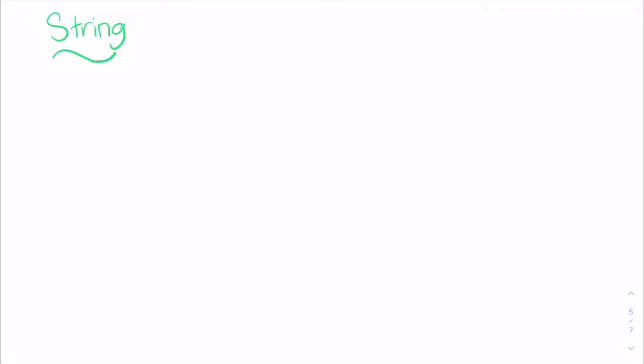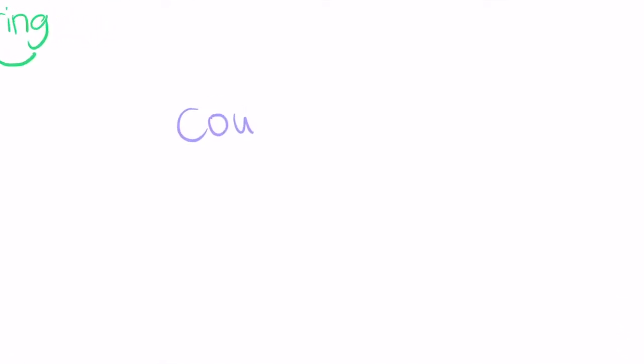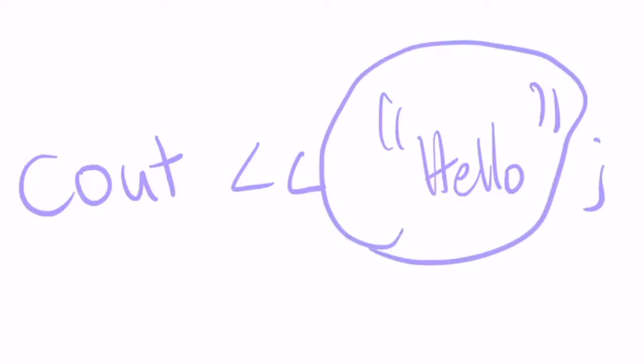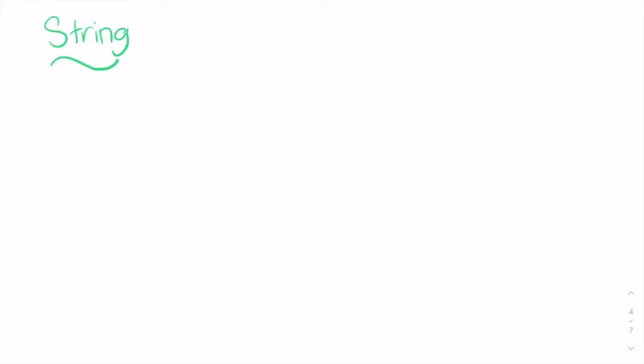So here are strings. Remember when we print things such as cout, and then we do hello. This inside the quotations is known as a string. Strings can hold anything that you would like inside these quotations, and the string variable will be able to hold them.